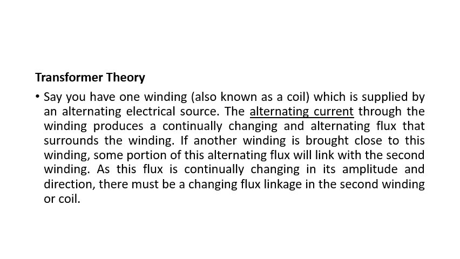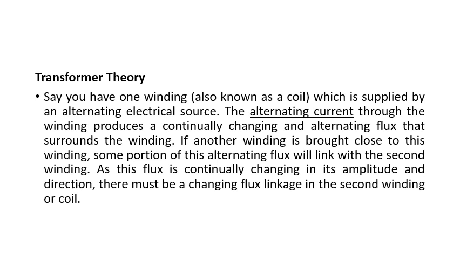As we have discussed, suppose you have two coils close to each other and you supply an alternating electric source to one coil. This alternating current through the winding produces continuously changing alternating flux. If current is alternating, means the flux is also alternating.